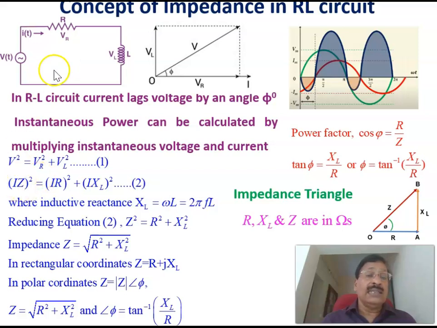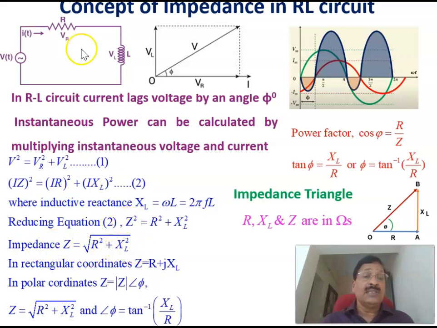In an AC circuit, we call it the impedance Z. Therefore, I into Z is the voltage V, whole square, equal to the current I into R whole square plus I into XL whole square, where XL is the inductive reactance. Now, reducing this, I will cancel. Z squared equals R square plus XL square, or we can get Z equal to the square root of R square plus XL square.